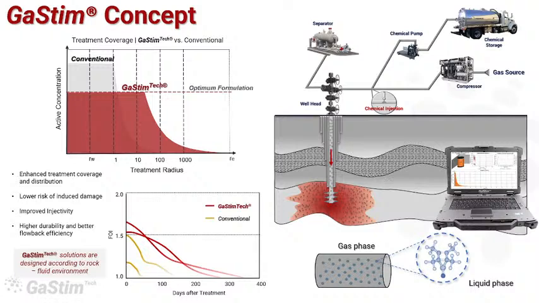In some cases, when we apply liquid treatments, we may have the chance of inducing a formation damage and blockage due to just the pore size, and that's where the other advantage comes through: we'll have a lower risk of inducing damage into the reservoir. Basically, the gas is a way more friendly carrier for treatments in general.